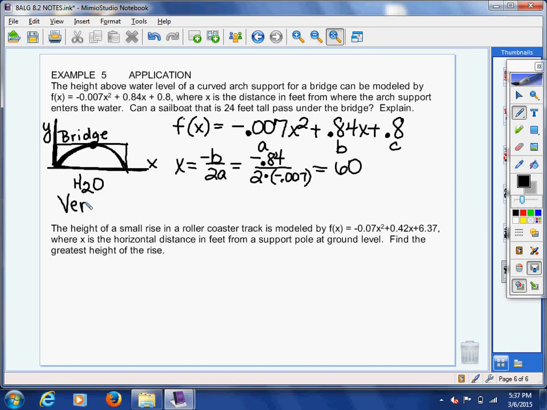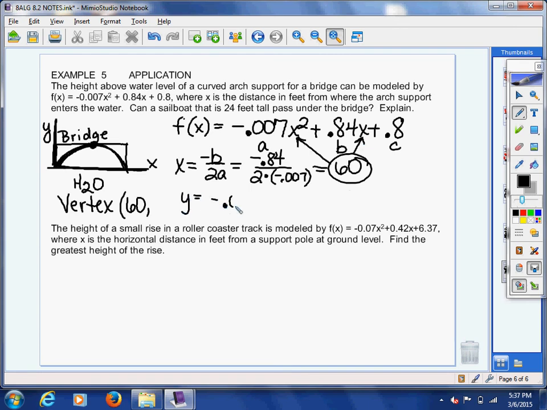Okay? So what we're doing, we're looking for the vertex. Don't really need to know the x, but we are interested in the y. Okay? And to get to the y, we have to know the x so we can plug it back in. So now what we're going to do is take that 60 and plug it in wherever we see x. So you can do this right in your calculator.